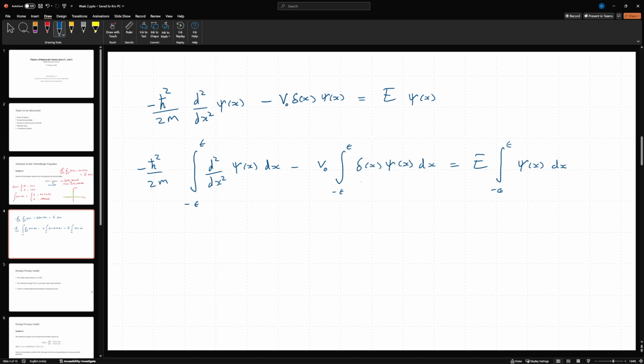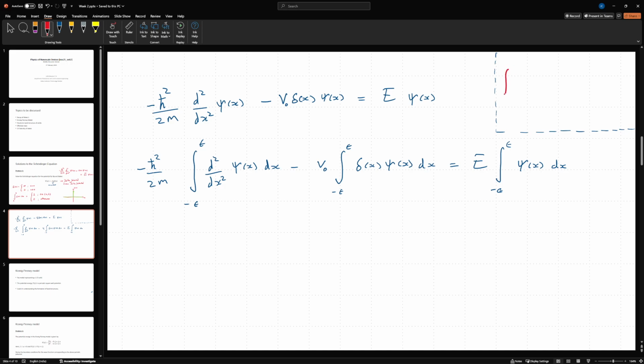Now we come to the second property of the Dirac delta function, which is this. Most of you may know this, but for the sake of reference and completeness, I'm writing it here.